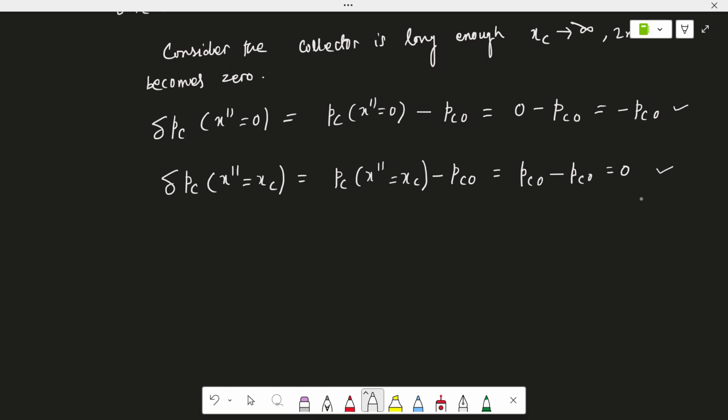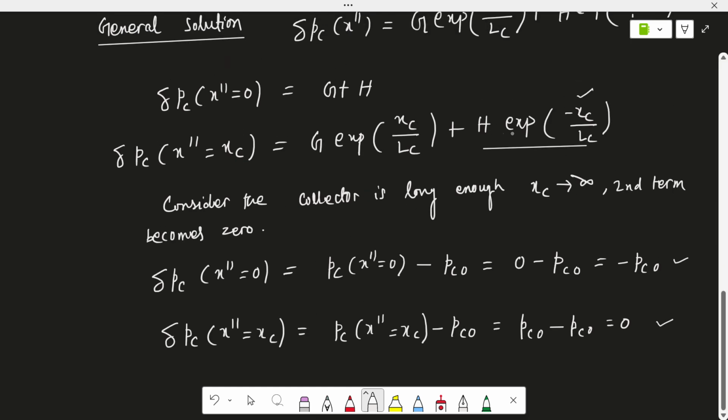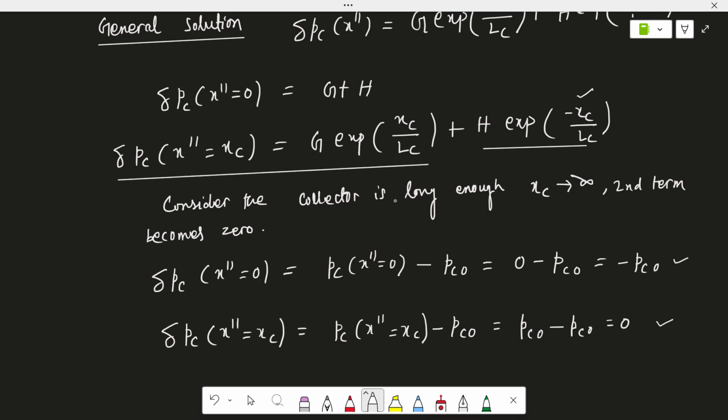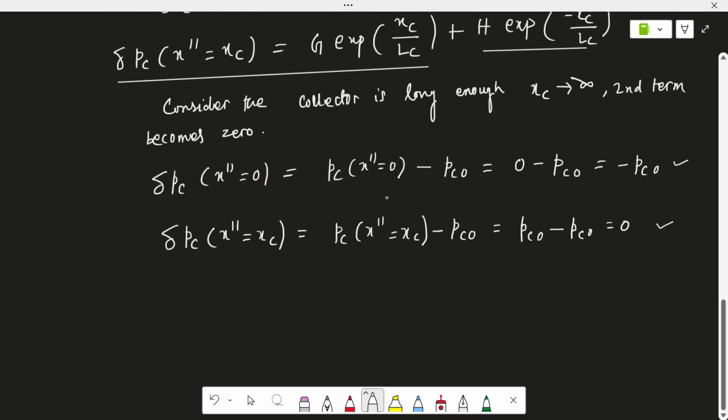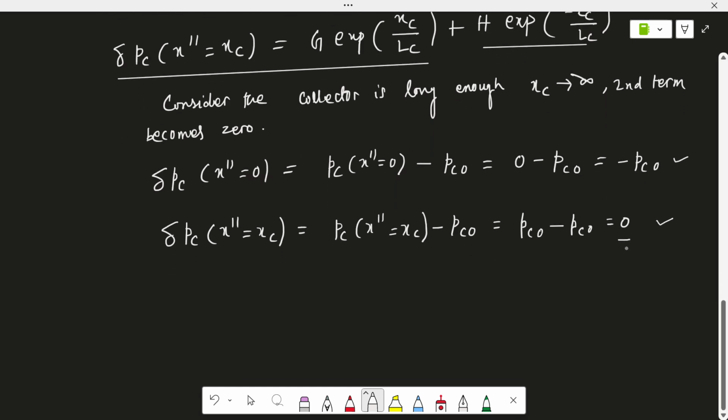Now go back to the solution. So here what you got, this term is 0. Then we can write ΔPc at x'' equals xc is equal to g times exponential of xc by Lc, and again we got this to be 0, we can equate that, so g times e to the power xc divided by Lc equals 0.